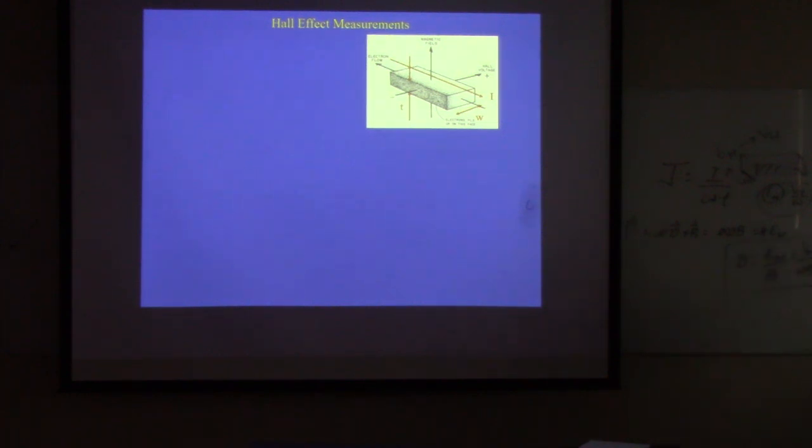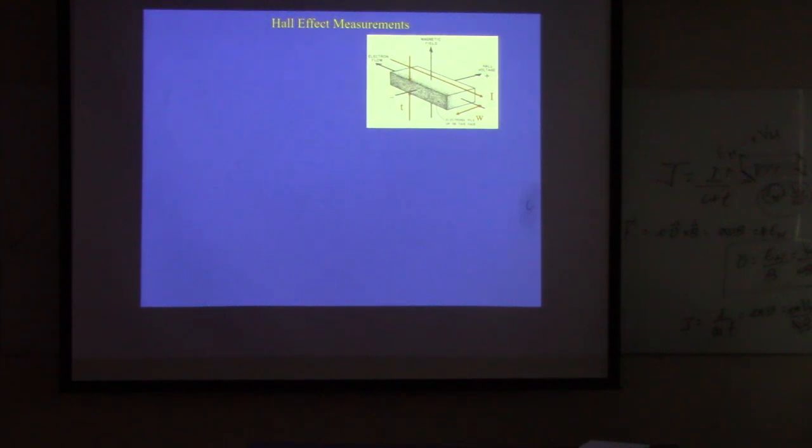So now I can write my J. J is given as I over W T. Also we know J is given as, if you remember, we showed that it is n e times v, right? So for v, now we can substitute here: n e times V_H over W times B. Now if you take this, you can see W and W cancel.